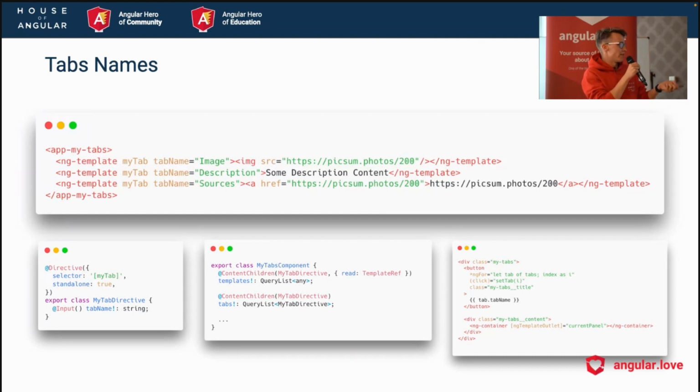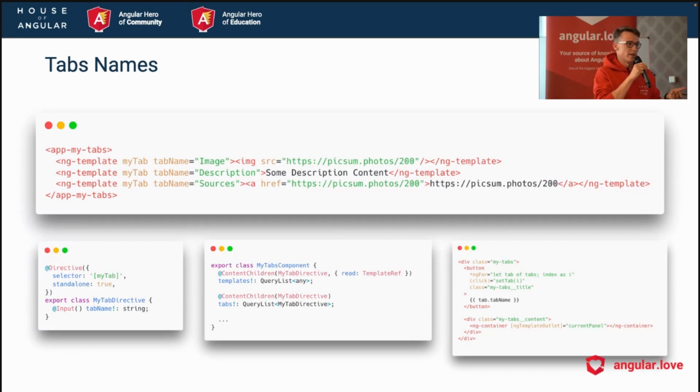As you can see, it's a query list with the generic type mytab directive, and every tab is this ng template tab, and then we have access to each of the elements. So then we also have access to its properties, like this input tab name.